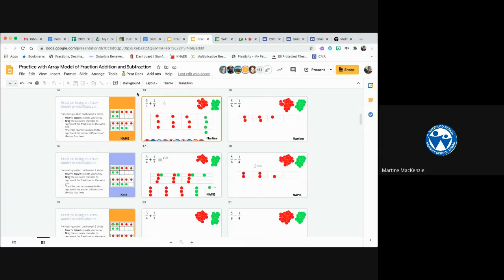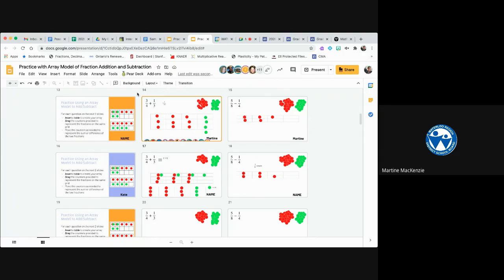Oh, sure. Might be a little bit loud once in a while. I'm at home. That's okay. I made an array. It was a 3x4, so I had 12 altogether. So I could easily put 3/4 in red. And then I started to add 1/3 of that.